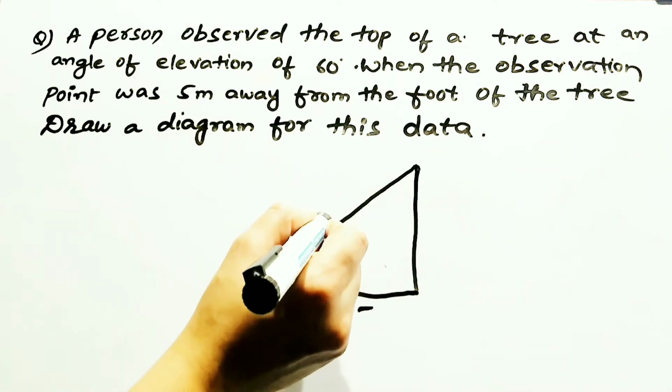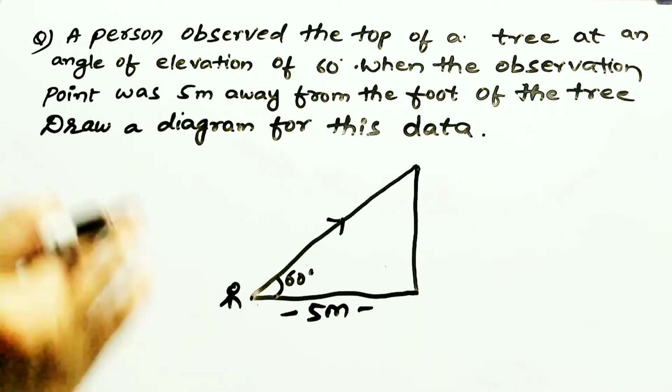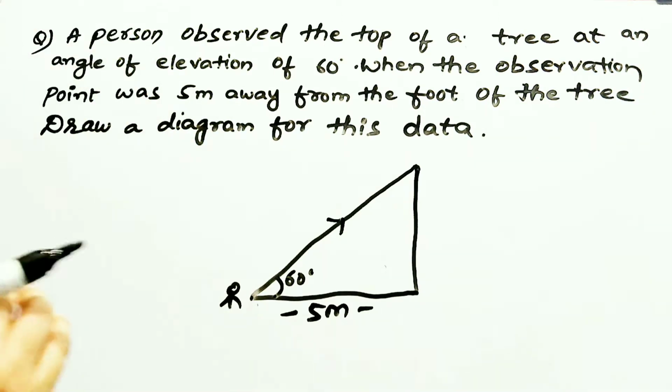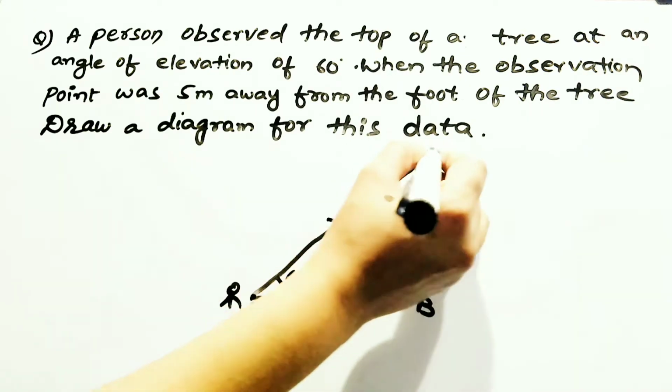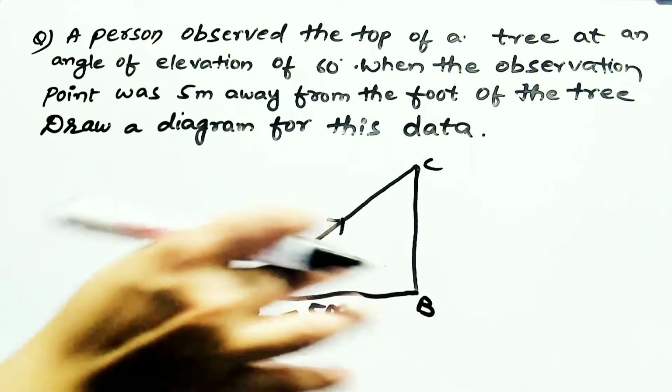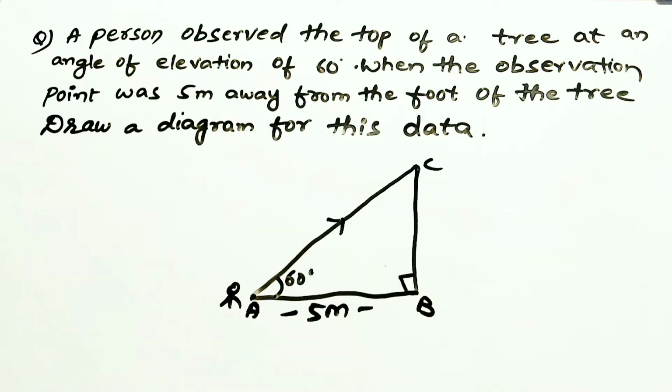So what we have to do is draw the figure related to this data. Give the points A, B, C. It is forming a right angle triangle, where one angle must be 90 degrees. Just draw a diagram.